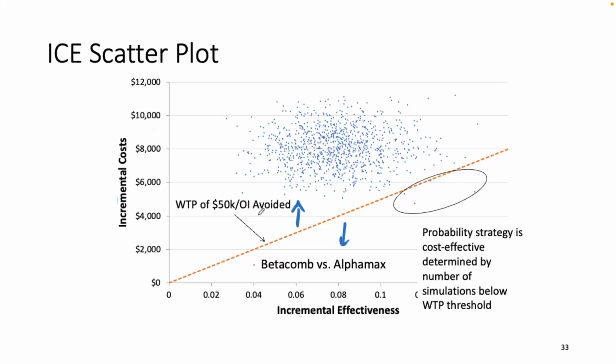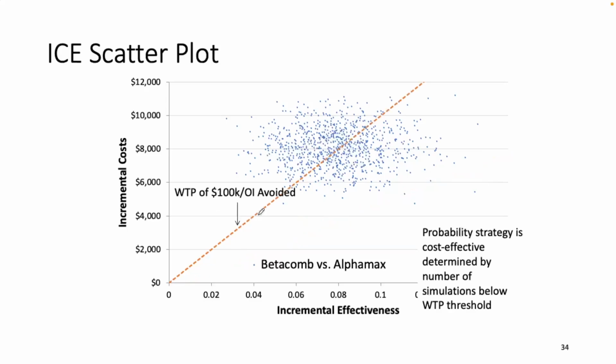And you can see if our willingness to pay is $50,000, this is probably not a cost-effective strategy. There's only a couple dots below the line. But if our willingness to pay goes up, now we have a willingness to pay of $100,000, it starts to be closer to 50-50. There's a lot of dots below the line.